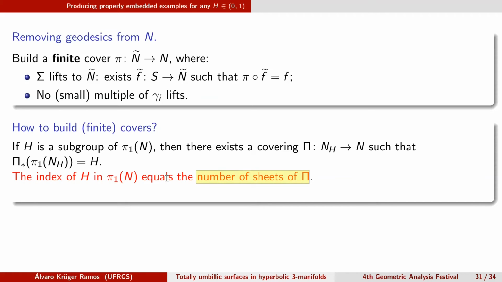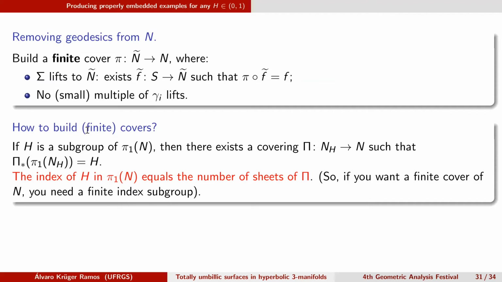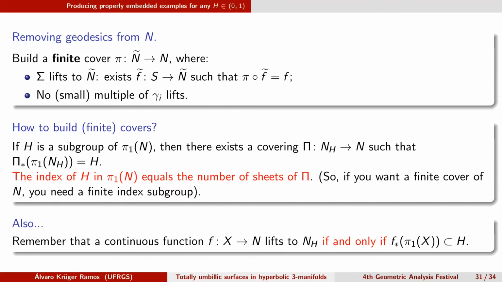In other words, if the index of H in pi 1 is finite, the cover will be finite. That's the idea to build finite coverings. And also we can remember that a function lifts to this covering space if and only if the push forward of pi 1 of X is in this push forward of pi 1 of N_H, which is H.